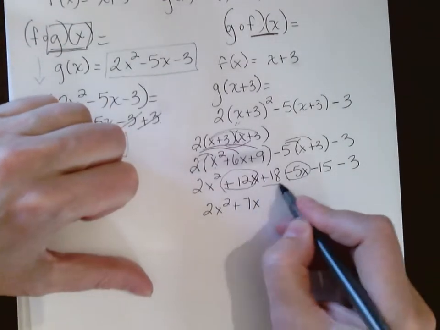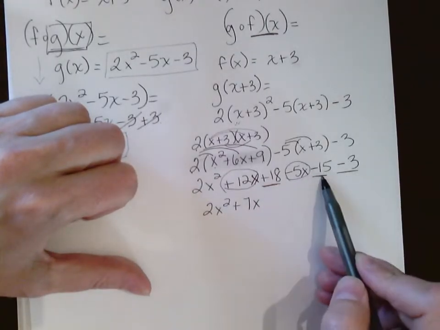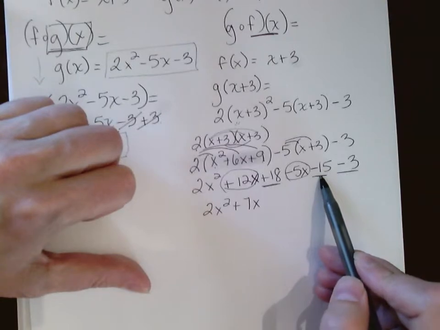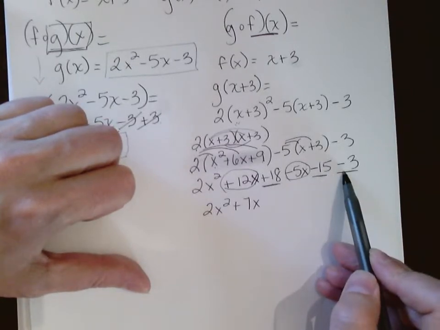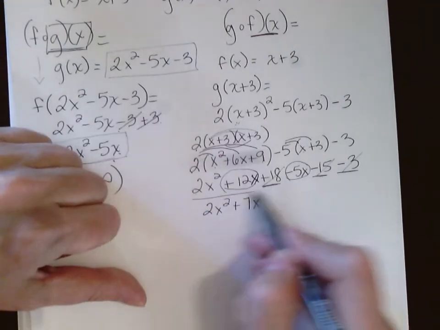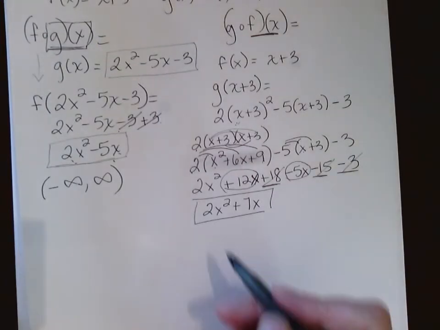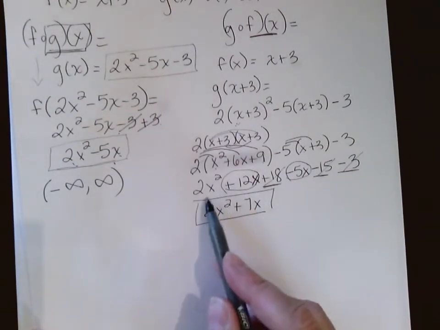Now, I can also put all these terms together because they're all just plain numbers. So 18 minus 15 is 3, but then I have minus 3. So all these, when I put those together, they leave me with nothing. So I am just left with 2x squared plus 7x. Now, that's the answer to that part. Now it wants me to find the domain, which means look for restrictions in your final answer.